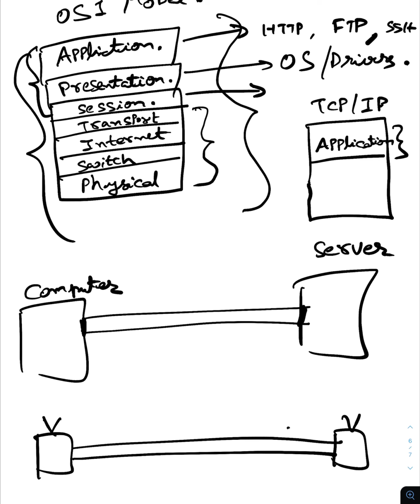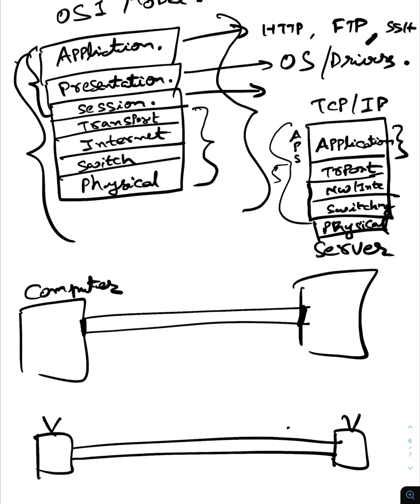It has all three: application, presentation, and session layer, then transport, network or internet, switching, physical. So TCP/IP or the OSI model is the same thing. The OSI model has seven layers, and TCP/IP has five layers.